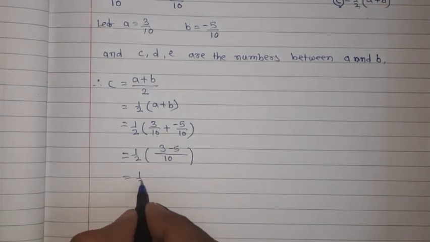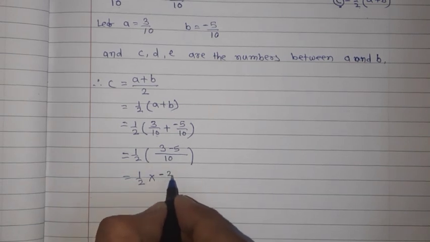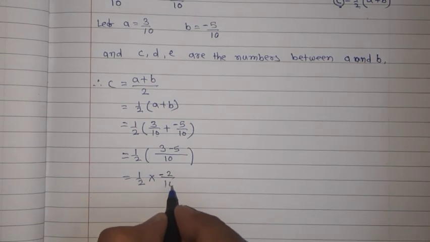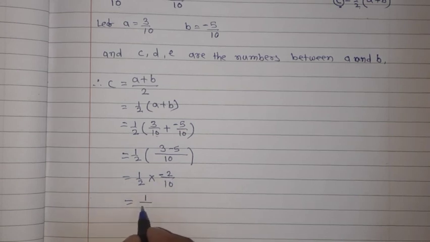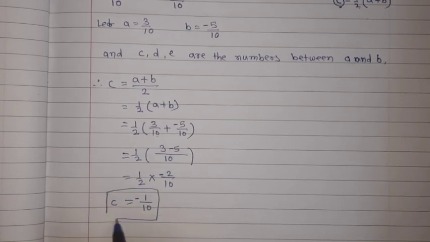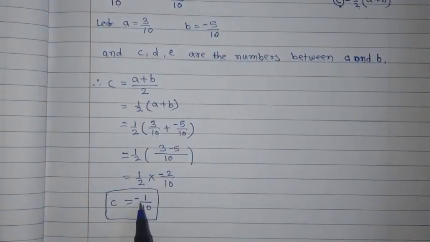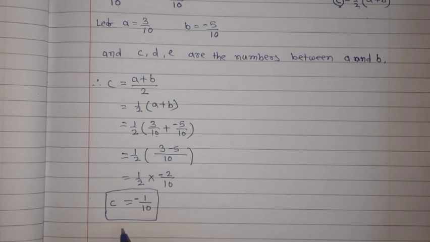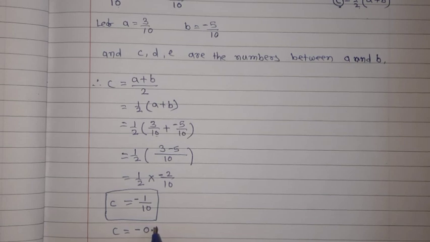Then we get 1 upon 2 into minus 2 upon 10. These 2 and minus 2 get cancelled, so it is minus 1 upon 10. Now dear students, we got the first number between A and B. C is minus 1 upon 10, or we can write C is equal to minus 0.1.